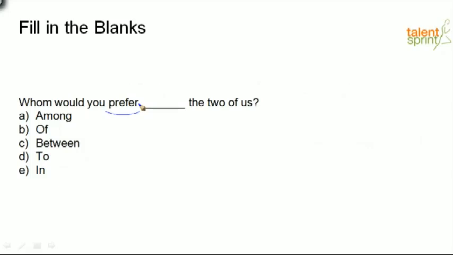Now choose your option wisely. Among, of, between, to, or in. What we need to keep in mind is the keyword that I highlighted, which is prefer, right? When you say prefer, it always attaches itself to the preposition to. So whom would you prefer to, the two of us?